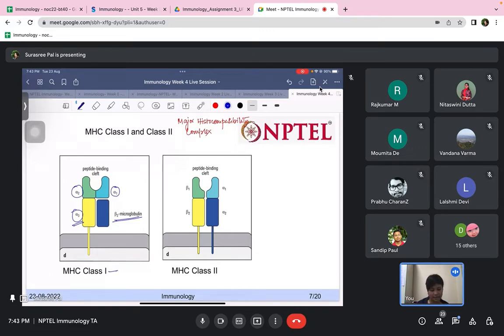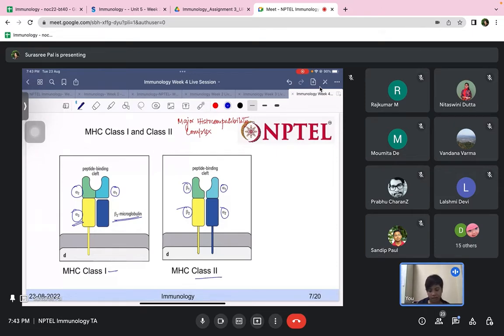Whereas in MHC class 2, there are two chains, alpha and beta. The alpha chain has two segments, alpha 1 and alpha 2, and the beta chain has two segments, beta 1 and beta 2. Both chains have transmembrane regions, so both are bound to the membrane of the cell.